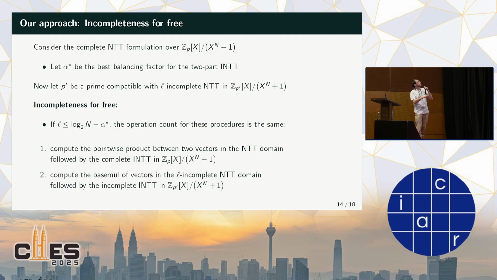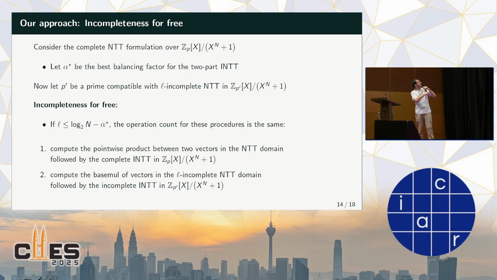So this allows us to get what we call an incompleteness for free property. Alpha star is the best parameter alpha for separating the multiplication by the inverse entity into two parts. We call alpha star the best balancing factor you can get for using the original implementation.